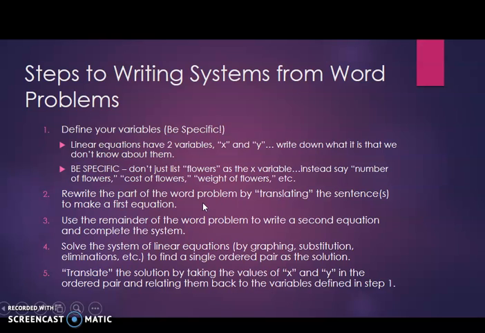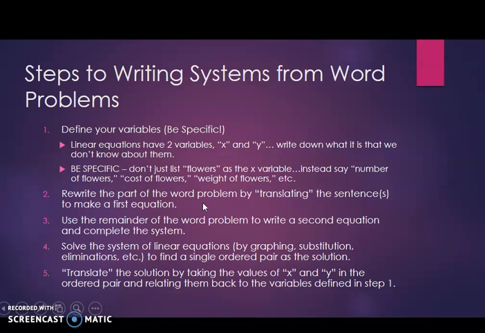Fourth step would be to solve. And again, the only way we will know how to solve right now is by graphing, which we talked about on Thursday and Friday.